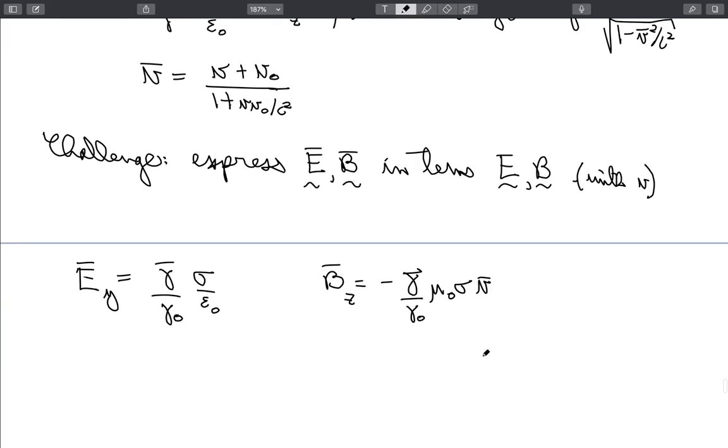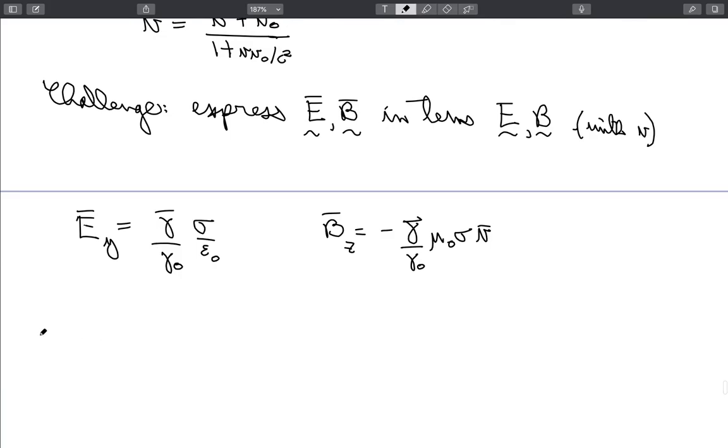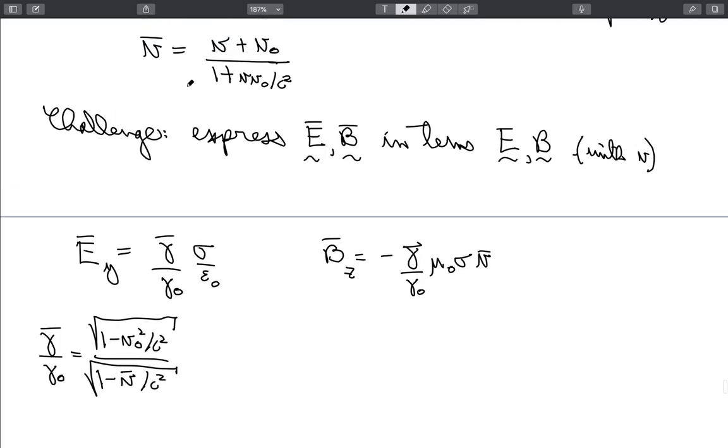Okay, so if we look at this factor of gamma bar over gamma 0, we can just work it out explicitly. So the square root of this, with then the square root of 1 minus v bar over c squared. And now I can just make use of the relationship that I have between the velocities here. So what do I want to do?